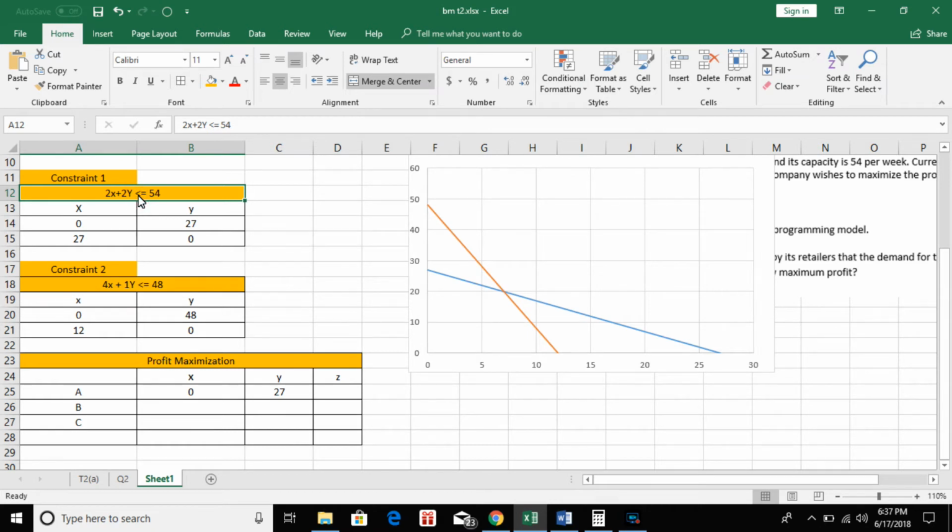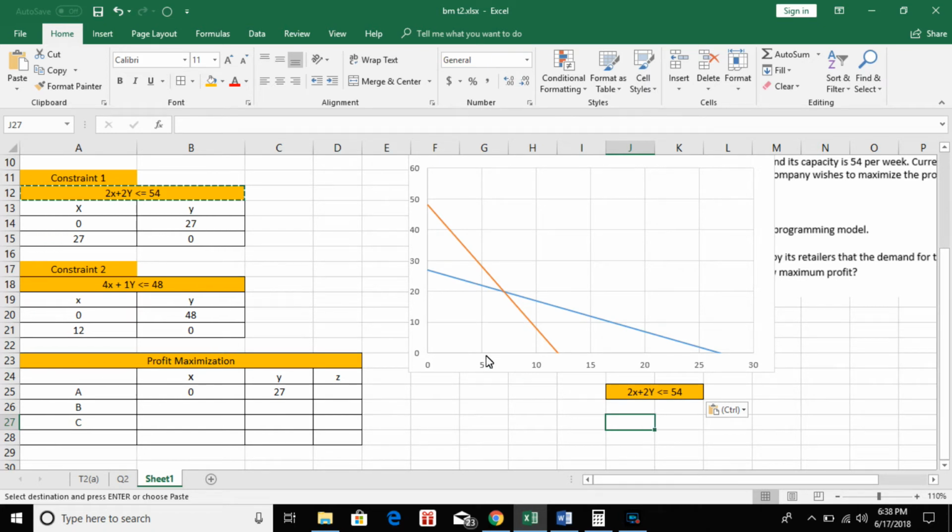We simply take this constraint for calculation of our point B. We will paste it here, and now we have to multiply 2x with 2, 2y with 2 and 54 with 2.